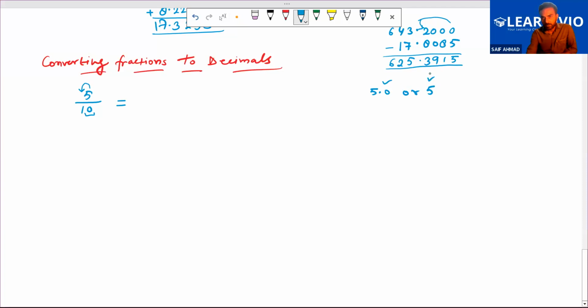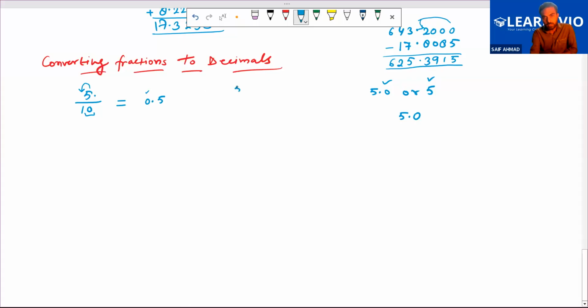So the hidden decimal comes before one digit, and it becomes 0.5. You can put 0 here for convenience. It is the standard form to write the decimal.